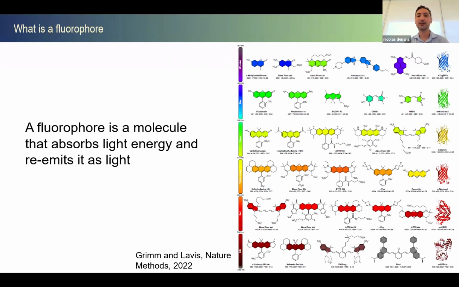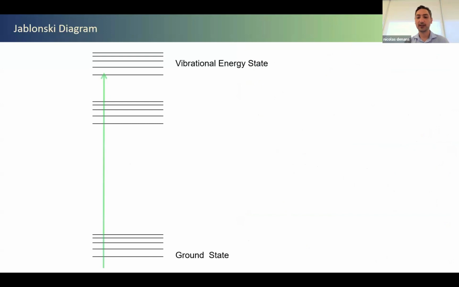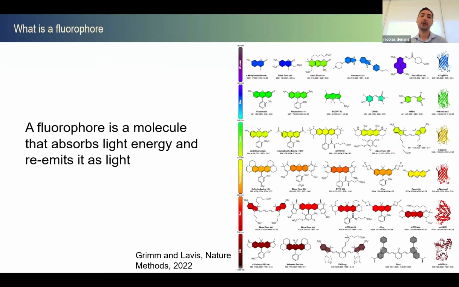But we can also use these fluorophores to do live imaging because we can target them to specific organelles, for instance, and those are chemical dyes. But we also have fluorescent proteins that we can use, and there are also a lot of them. So we have an overwhelming amount of fluorophores available. Chemists have been doing a lot of work over the years. So which one are we going to use for our specific experiments? That's basically what I'm going to try to tell you about during this lecture.